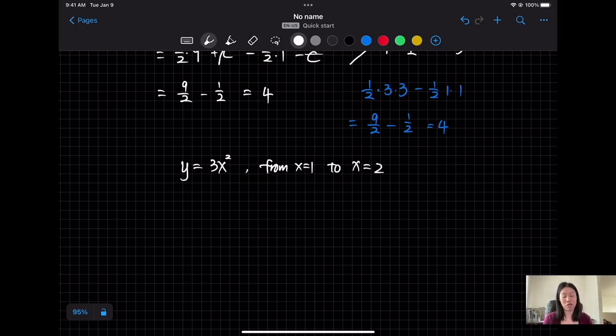So now we can just use the fundamental theorem of calculus. The integral from 1 to 2 of 3x squared dx is going to equal the original function, which is x cubed plus c.